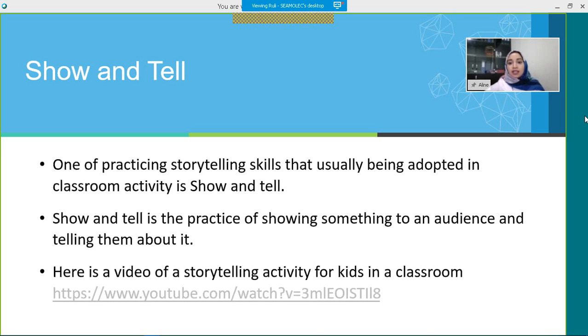For example, a child will bring an item from home and explain to the class why they chose that particular item, where they got it, and other relevant information about the thing they show in front of the classroom. It can be toys, food, books, or other things of the kids' interest.